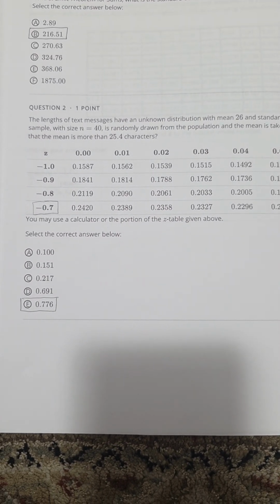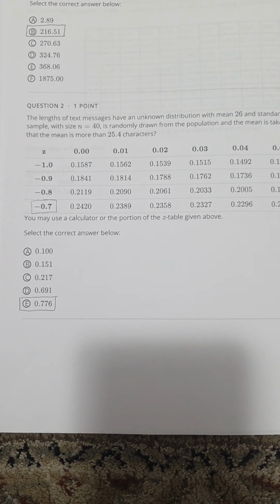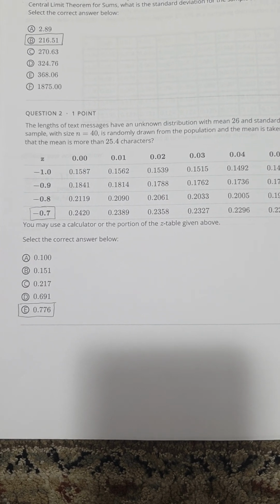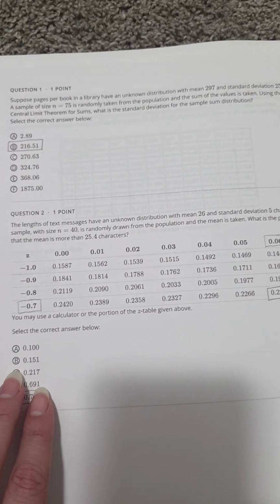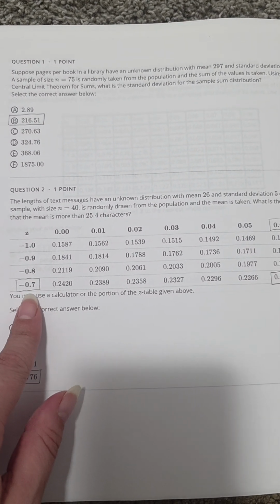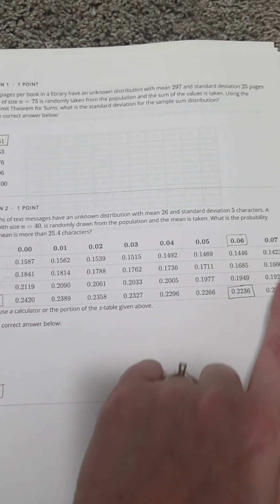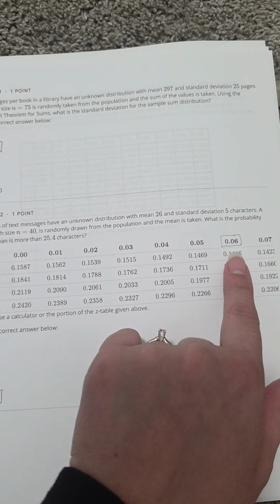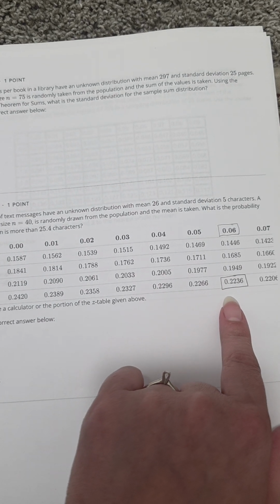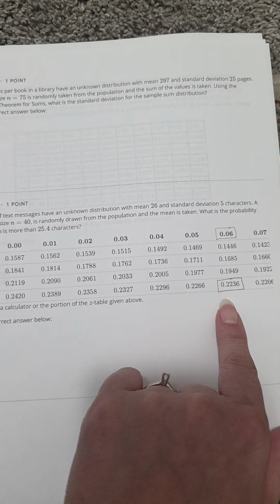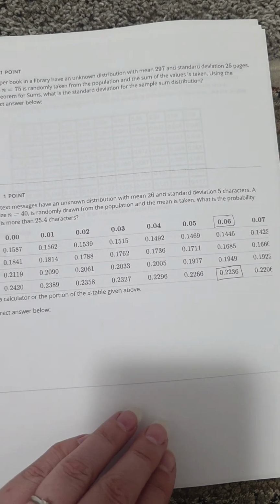So the answer is E, 0.776. Also in the z-score chart, that was negative 0.7 with the 0.06, and so the value was 0.2236.